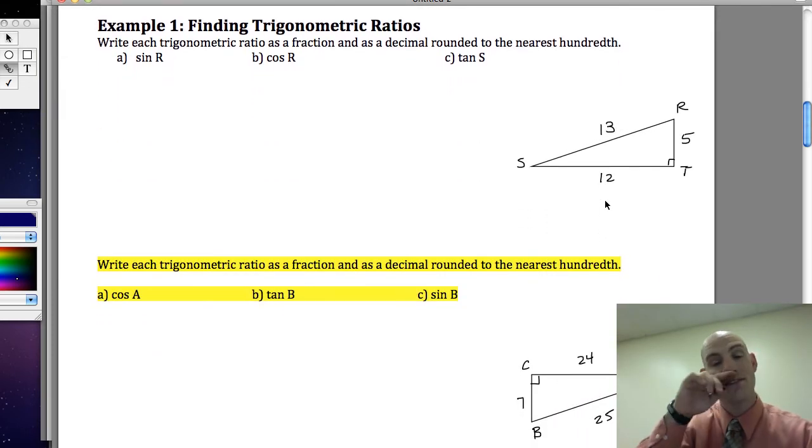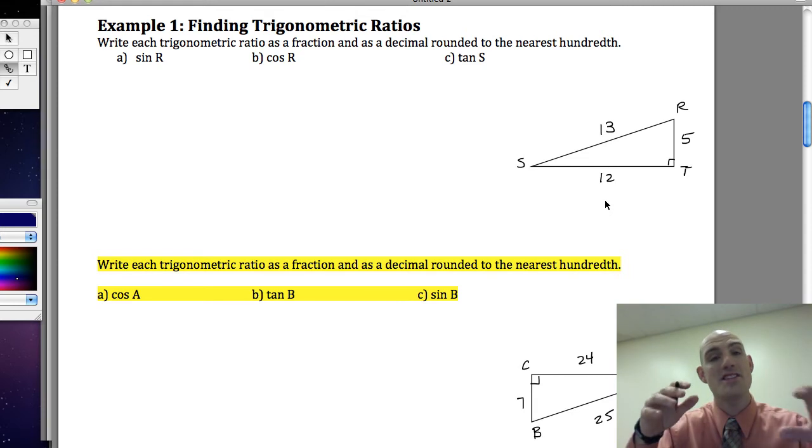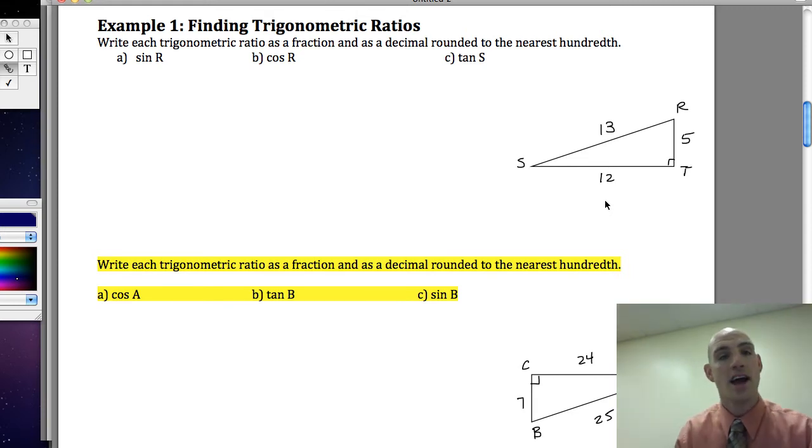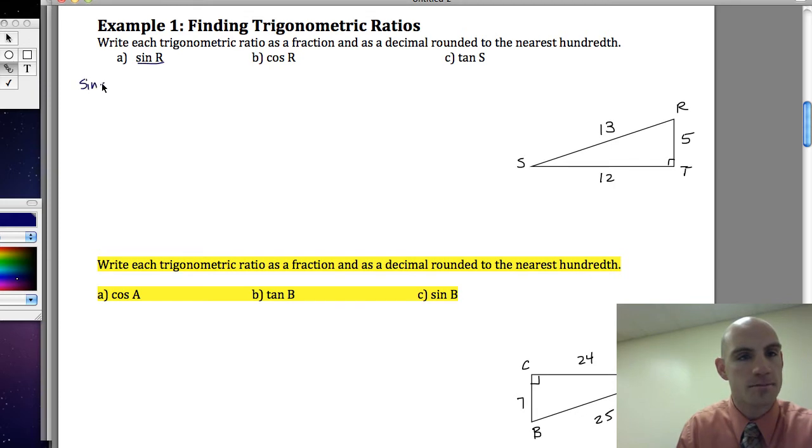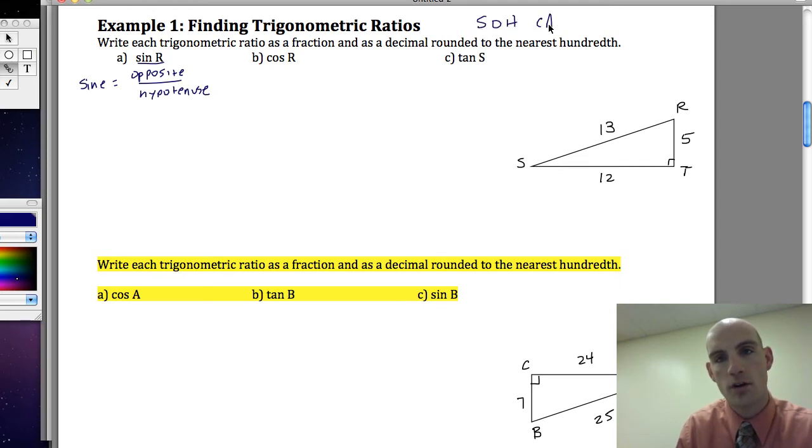In example 1, we're going to be finding trigonometric ratios. Remember, these are lengths of sides. And so if I say the sine of R, I know that sine is equal to opposite over hypotenuse. And if you want to, you can write this up here, SOHCAHTOA. Okay?